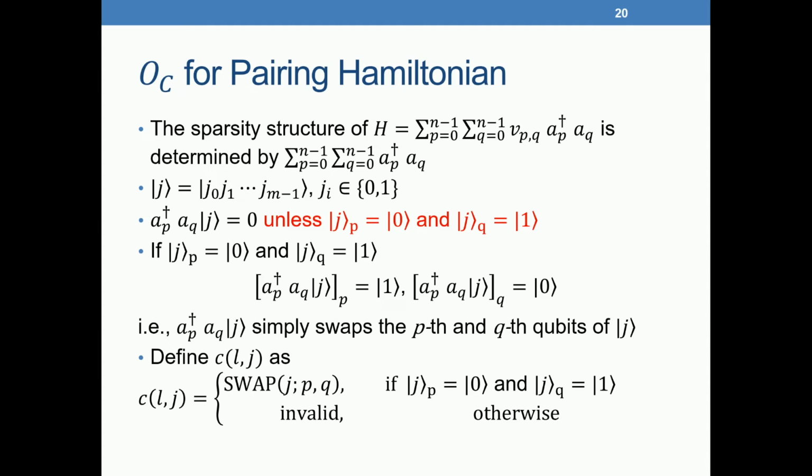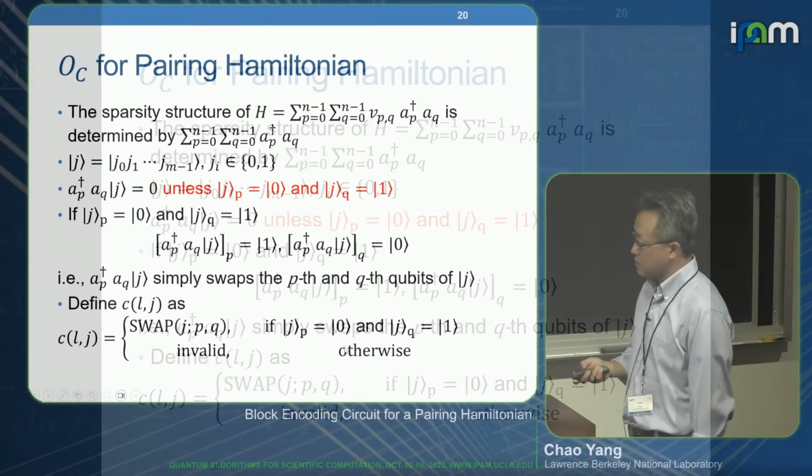So the creation annihilation pair simply swaps the pth and qth bits of J if it's a valid column. That means we can define the column as basically a swap operation if this condition holds, and otherwise it's invalid.